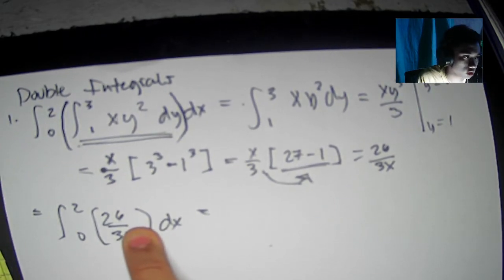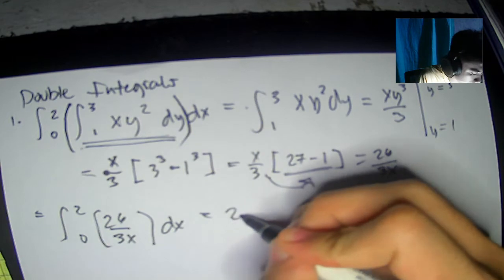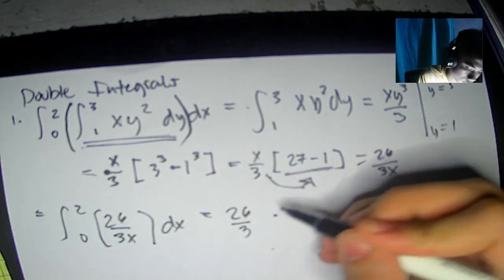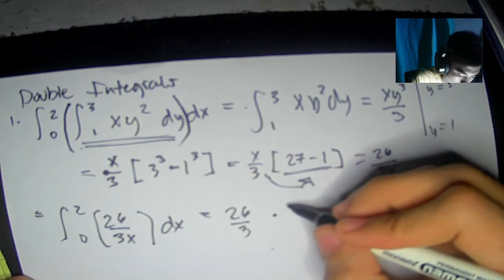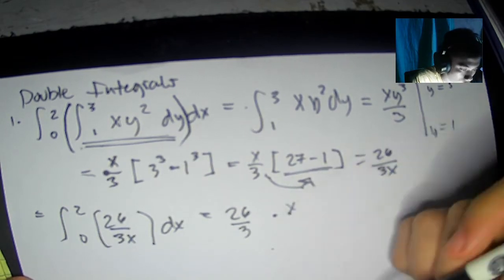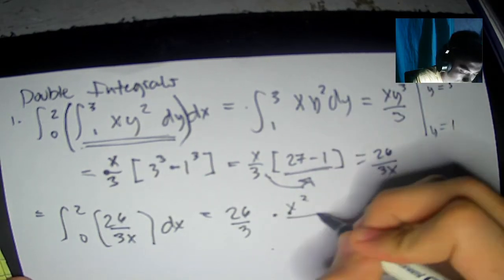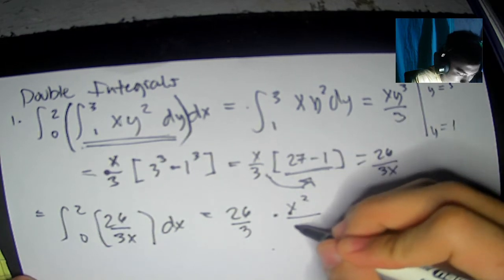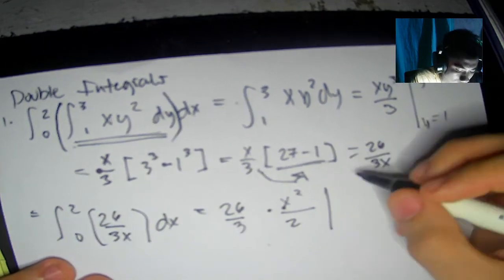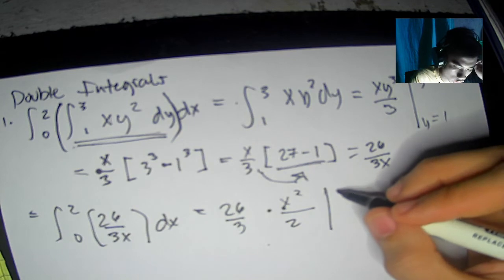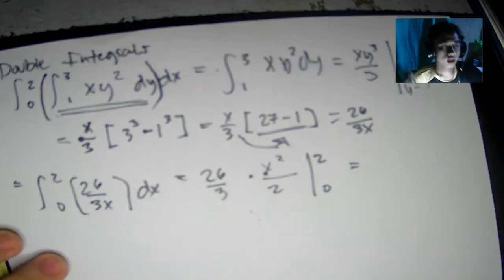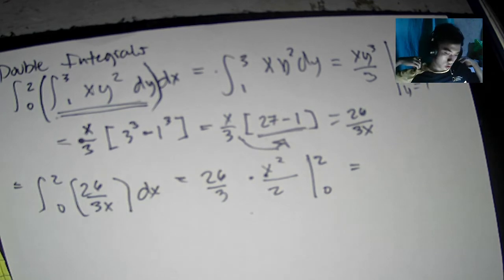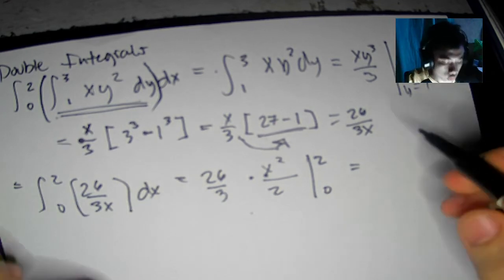So 26 over 3 times, now integrating x, x plus 1 should be x squared over 2, with respect to our limits, which are 2 and 0. We can substitute now, but it is better to reduce it.